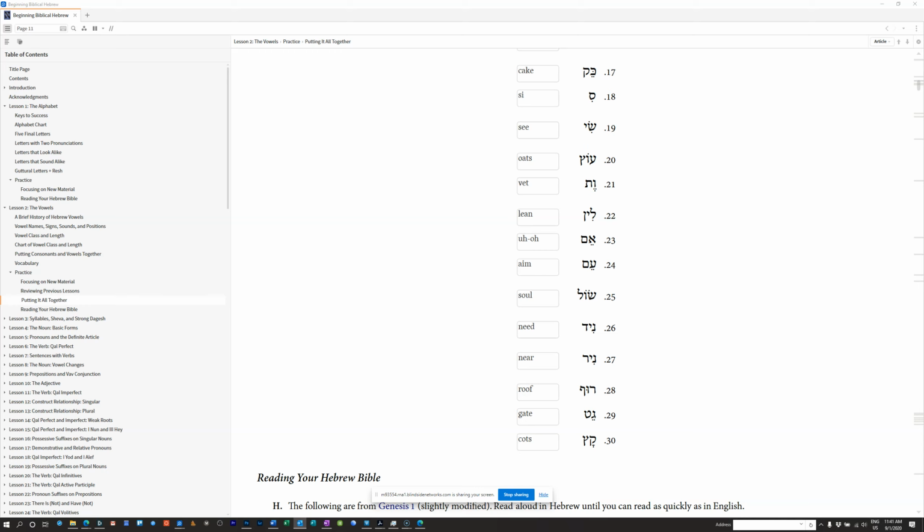So, for example, whenever you see the final pe, it's not going to have a dagesh. The dagesh is not going to occur at the end of a word. There are a few rare exceptions to that, but generally speaking, when you see a final form, it's not going to have a dagesh in it.